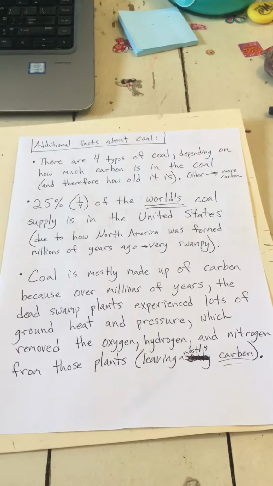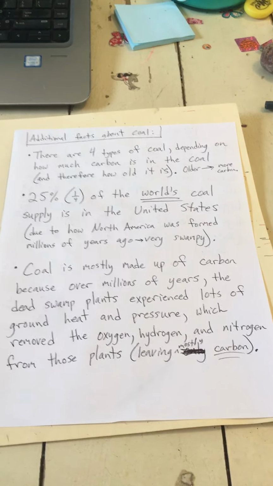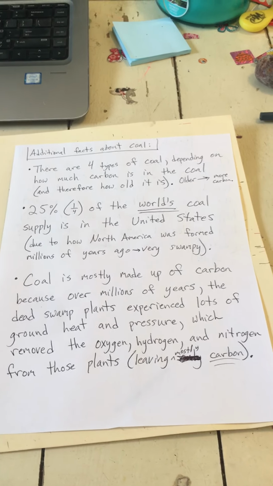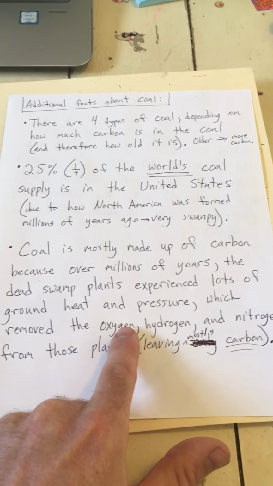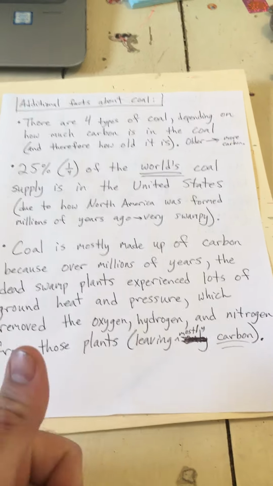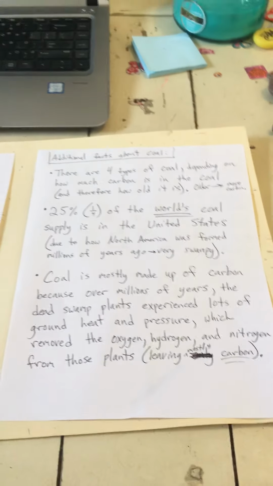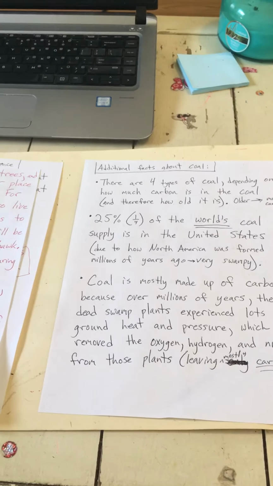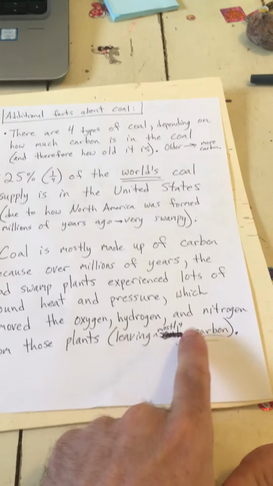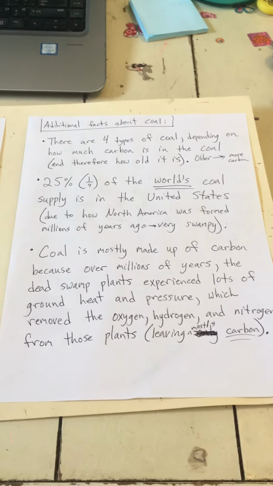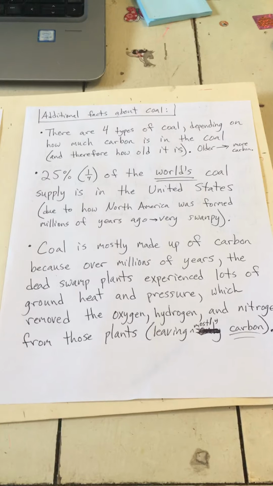The plants died, and the heat and pressure from the ground and the atmosphere pushed down on those dead plants. Over those millions of years, all the oxygen, hydrogen, and nitrogen ended up getting removed, and what was left was carbon. That is what turned into the coal that we have.